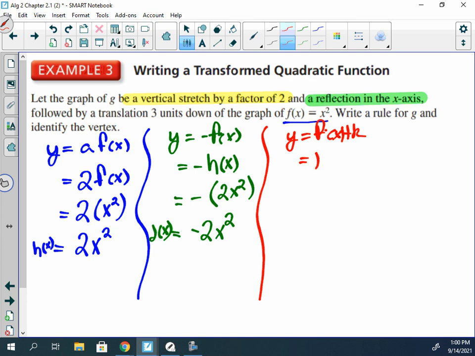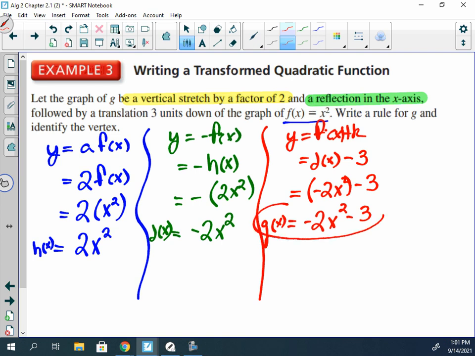We don't have f of x anymore. We have j of x. And how far are we moving it? That would be minus 3. j of x is negative 2x squared, and we have minus 3. That's just negative 2x squared minus 3. And that there would be g of x.